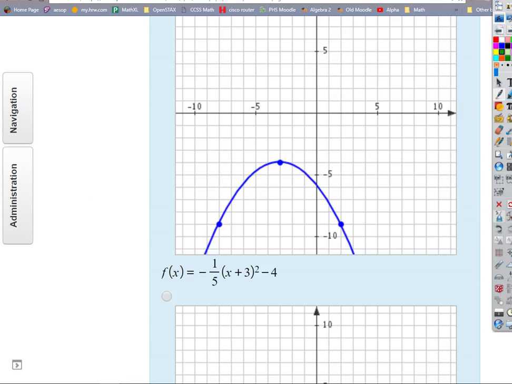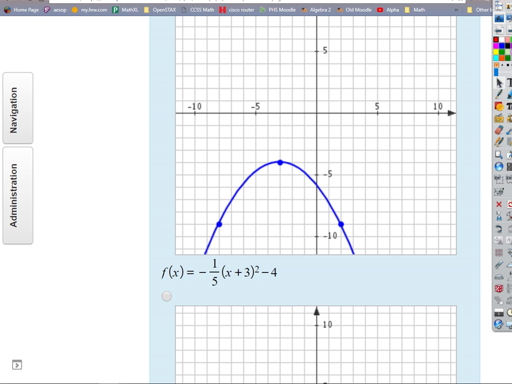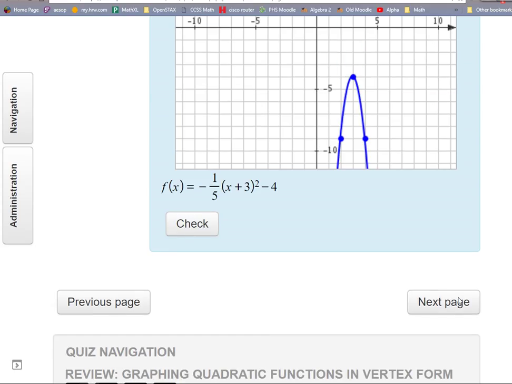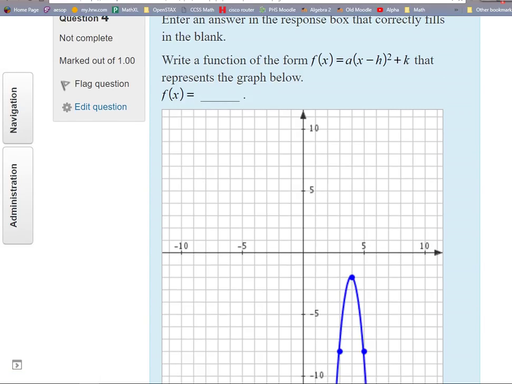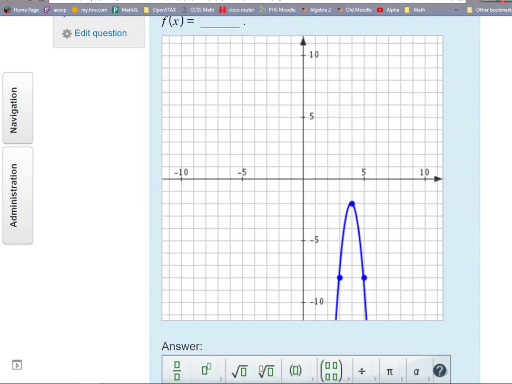Okay, what about standard form? Okay, well this is just the opposite. We could do that, right? What's A going to be for this one? -6, yeah.